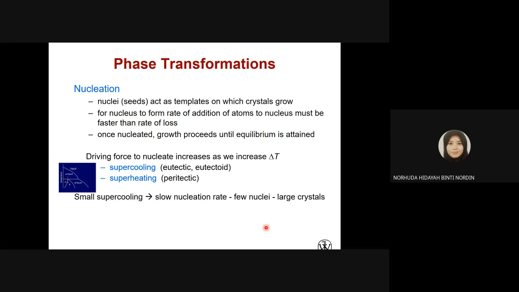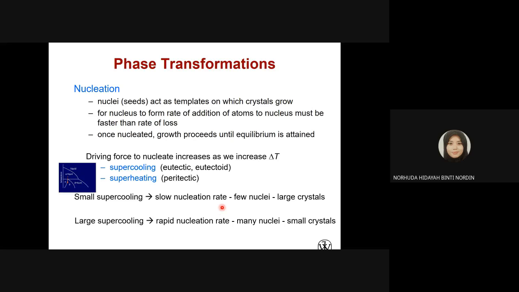Okay, small supercooling means that you cool it fast but not too fast. It will result in a slow nucleation rate.